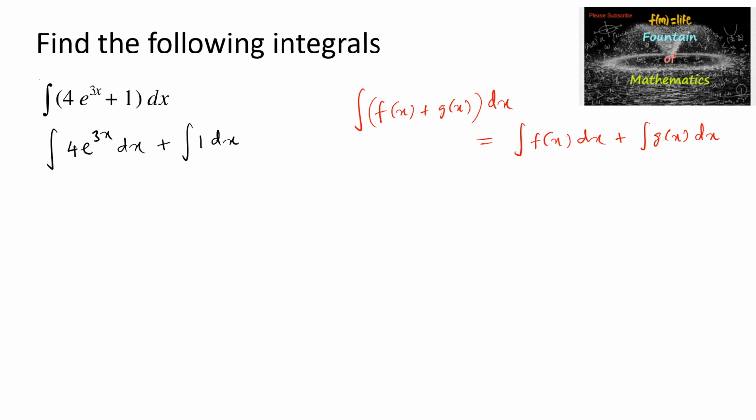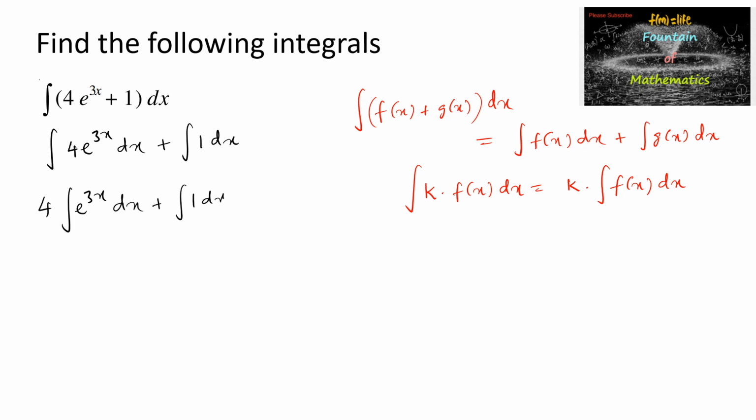Also we have the property: integral k times f of x dx, where k is a constant, is equal to k into integral f of x dx. So we can write here 4 times integral e to the power 3x dx plus integration of 1 dx.